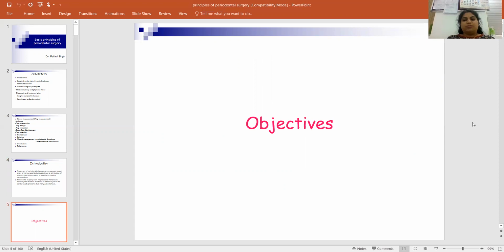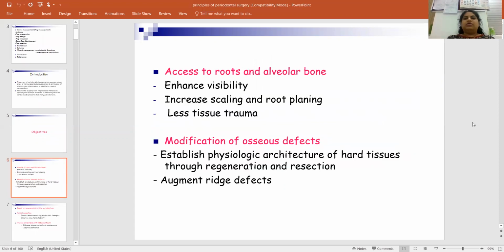So what are the basic objectives of the principles of periodontal surgery? What is periodontal surgery? The basic main idea of doing periodontal surgery is accessibility.